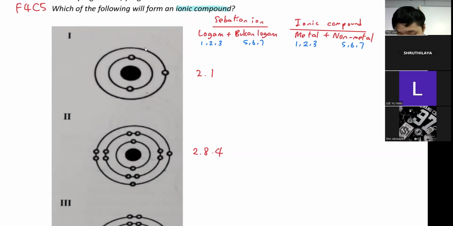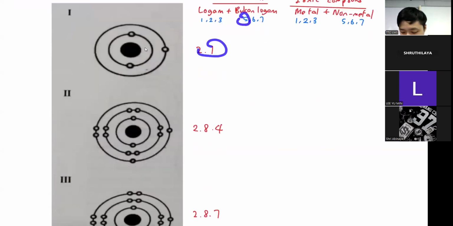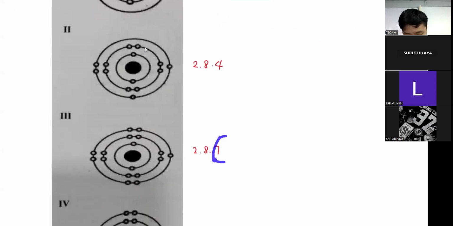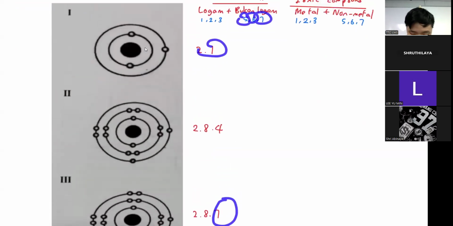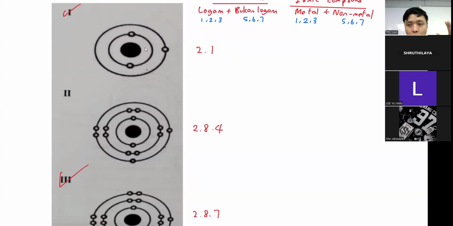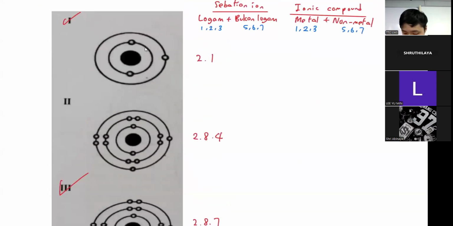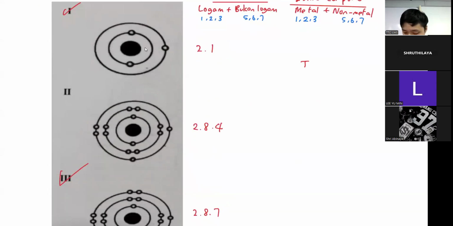Because you need a metal which has 1 valence electron to react with a non-metal. The non-metal should be 5 or 6 or 7. Okay, so already see that 1 and 3 is the answer. Simple. 1 and 3 combine together to form. You see, let's say 1 is, actually 1 is lithium, Li plus.